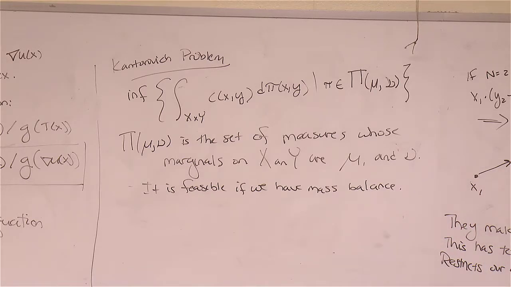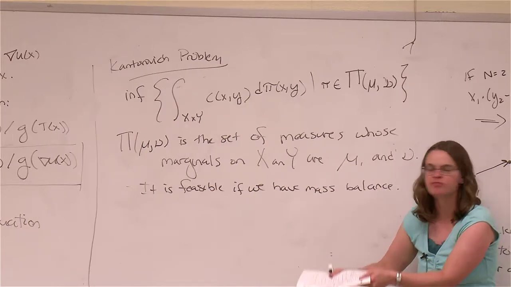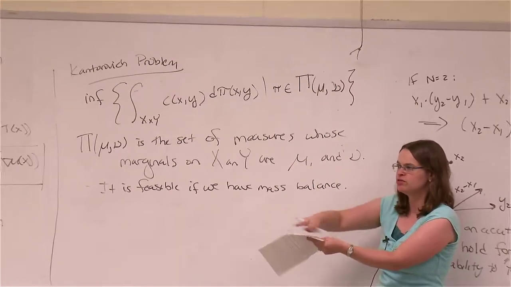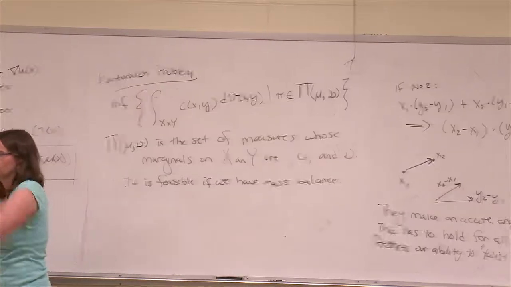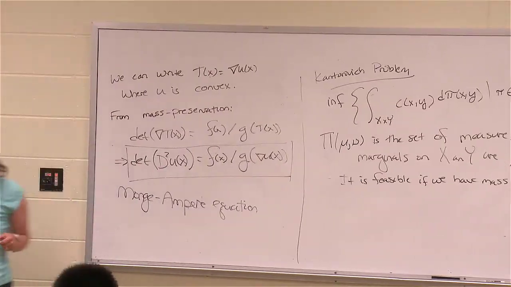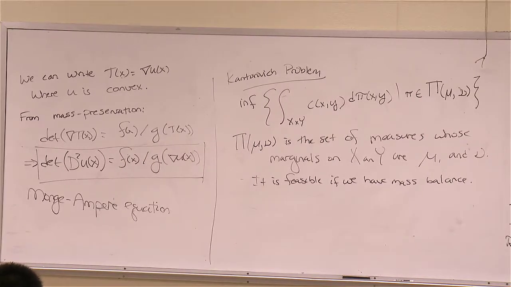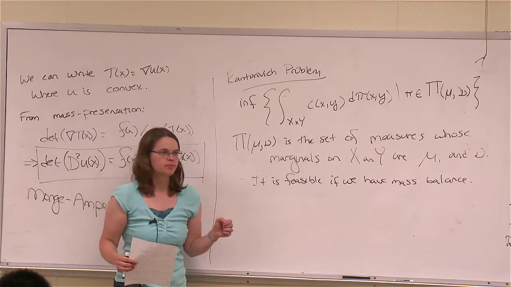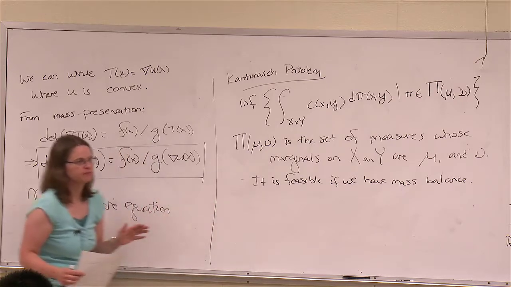You could actually try to build something explicitly by breaking it down into lots of little one-dimensional problems if you like, or one-dimensional slits, and taking limits as these epsilons go to 0. And you could actually construct a feasible map that rearranges mass somehow. But yeah, this is feasible because we're allowed to rearrange things and split things.